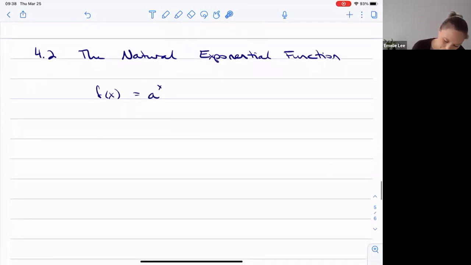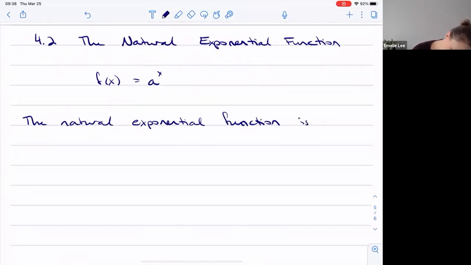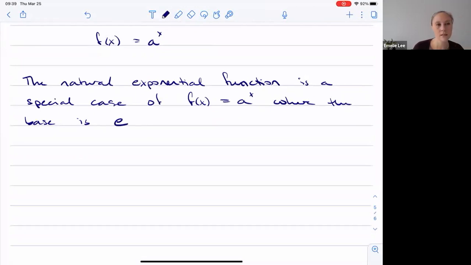So the natural exponential function is a special case of f of x equals a to the power of x, where the base is e. Now, e is an irrational number.